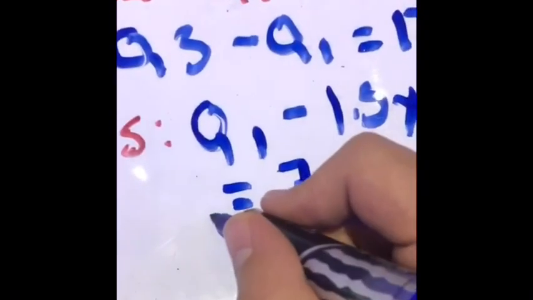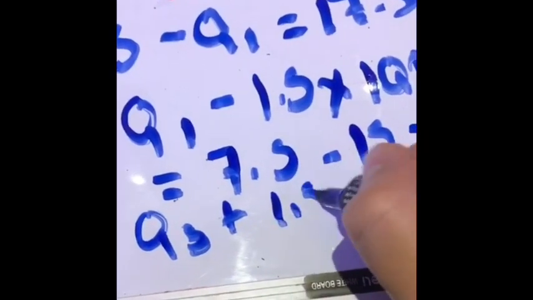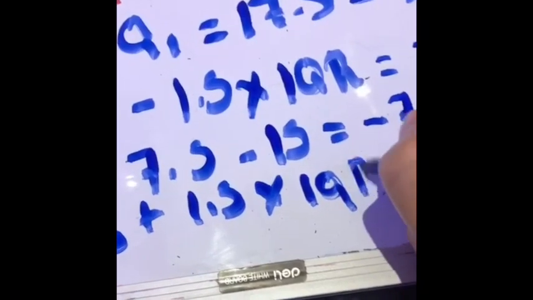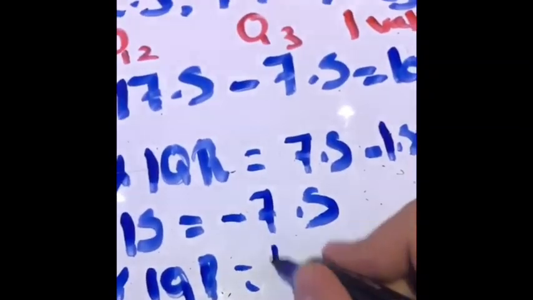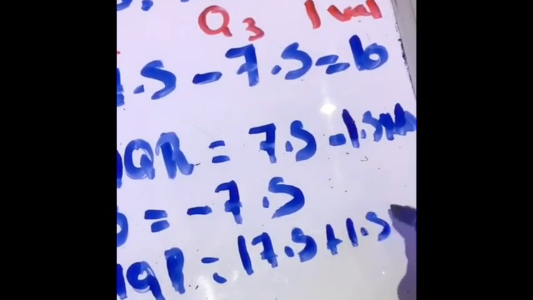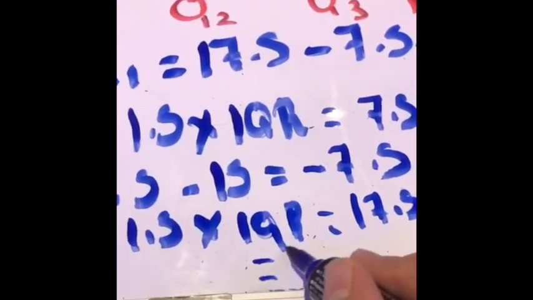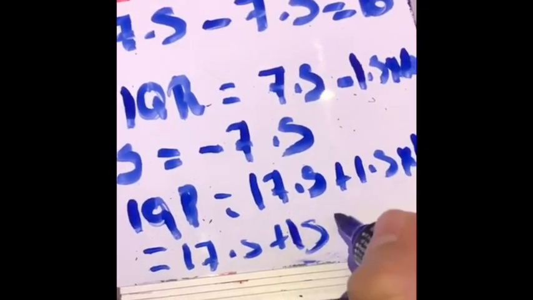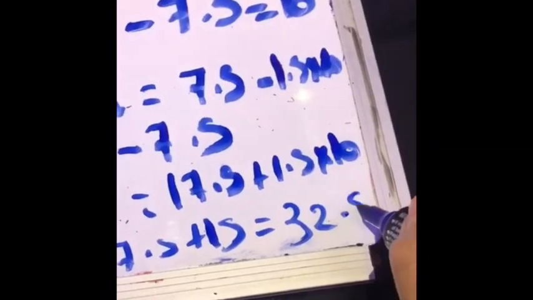And the second equation is Q3 plus 1.5 times IQR, which is equal to Q3 17.5 plus 1.5 times 10, which is equal to 17.5 plus 15, which is equal to 32.5.